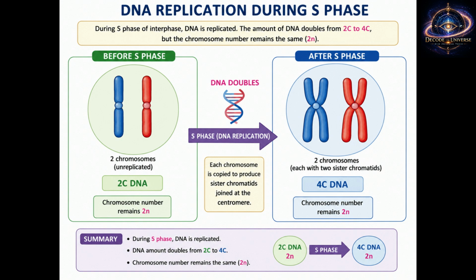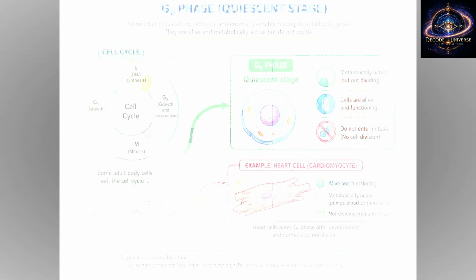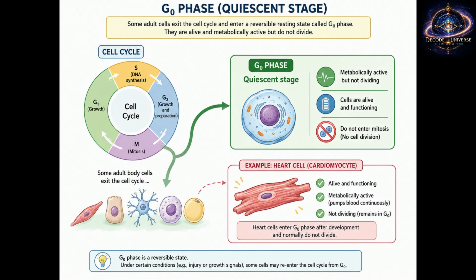4. G0 phase. Some cells stop dividing and enter a resting phase called G0 phase. These cells remain active but do not divide regularly. Example: heart cells usually do not divide actively in adult animals. Simple idea: G0 phase is like a retired person who is not working daily but is still alive and active.